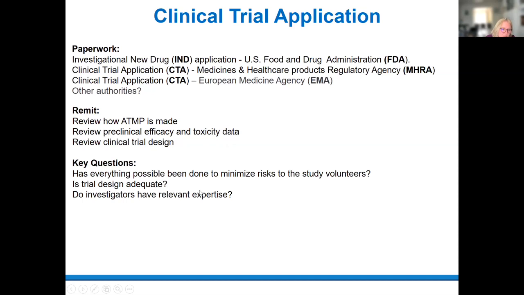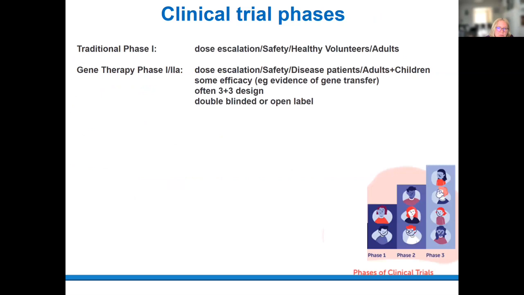They'll look at the trial design, and they also look at whether the investigators who are doing the studies have the relevant expertise. So before we get to testing anything in patients, there are a lot of mechanisms to make sure that our strategies are safe and have enough evidence of proof of concept in animal models to allow us to go forward.